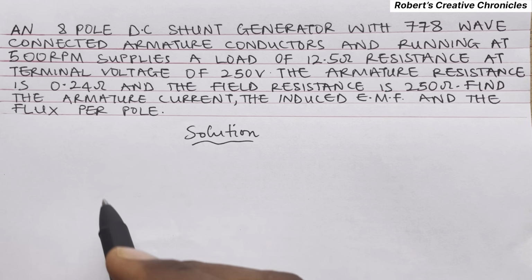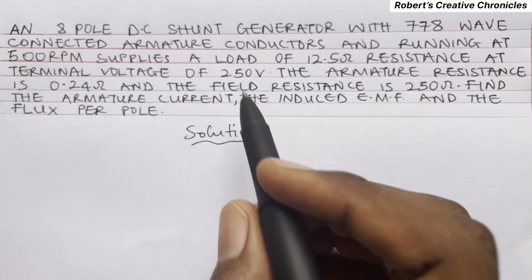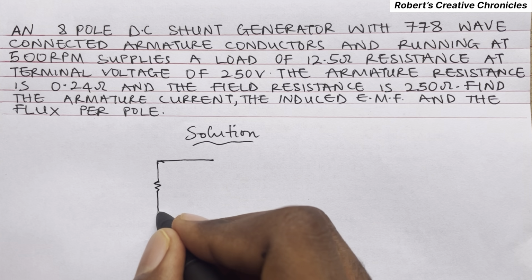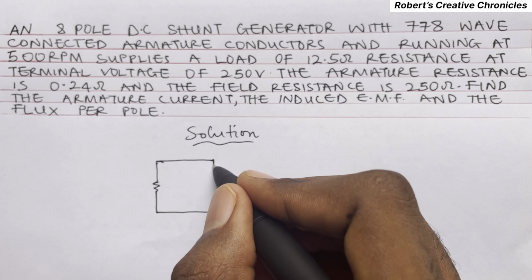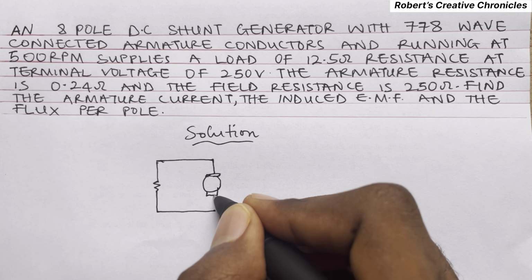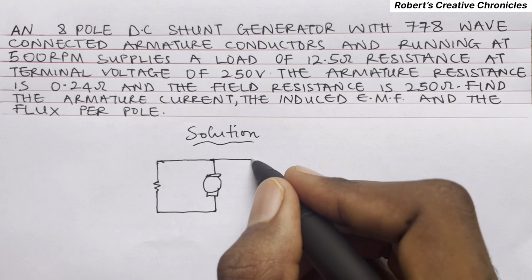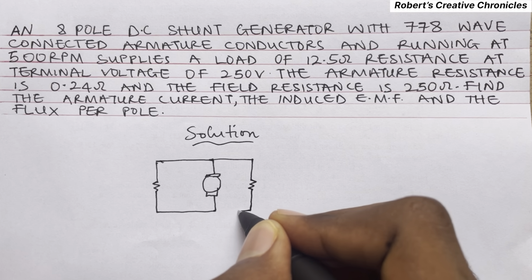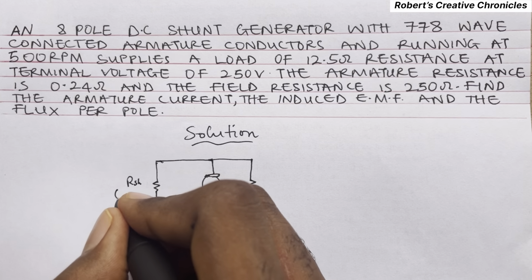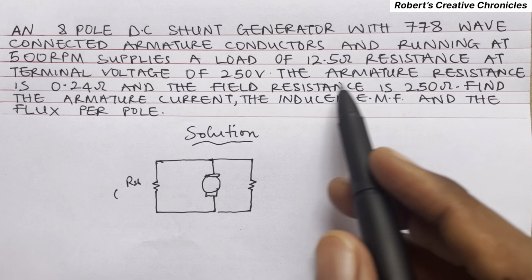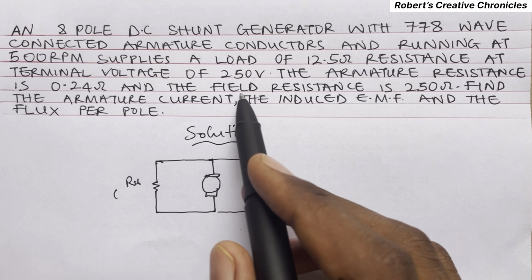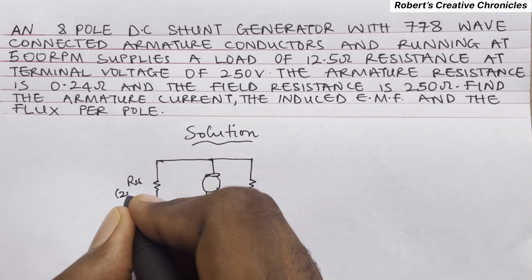So first we are going to draw this circuit. It's a DC shunt generator. So this is the shunt field, which is RSH, and is given here as the field resistance, 250 ohm.